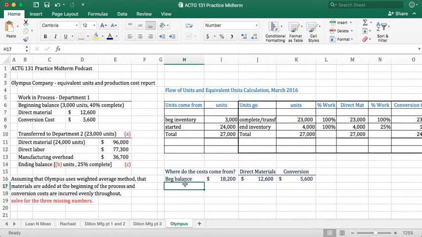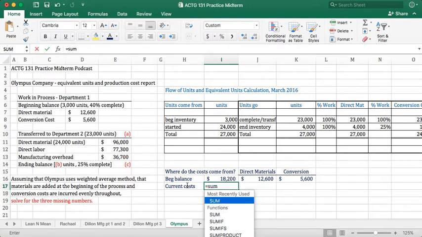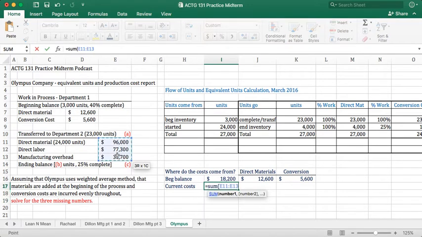Okay, and the rest is the total current cost. It's those three there. So it'll be these three here.